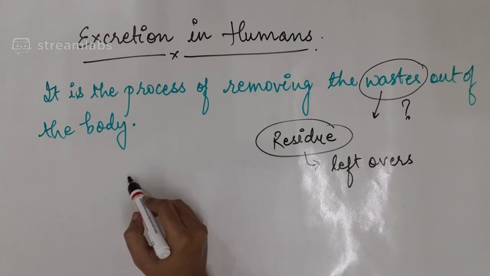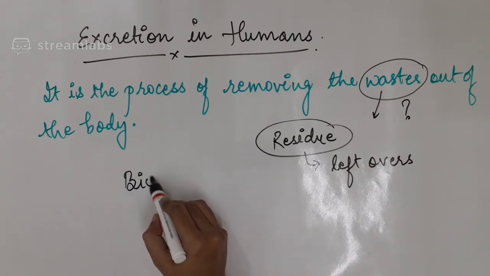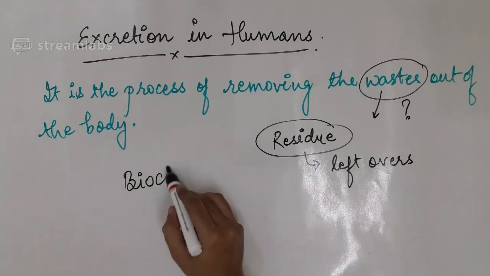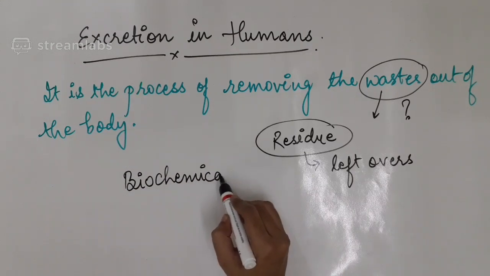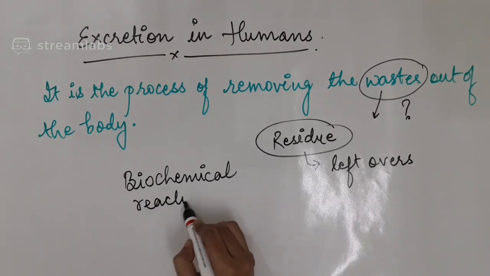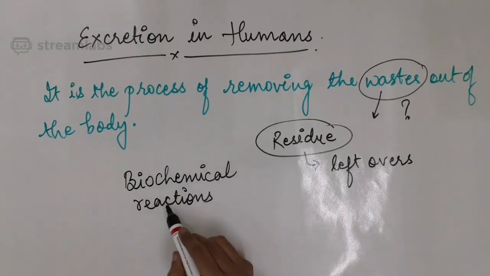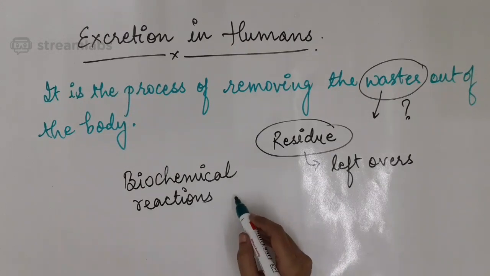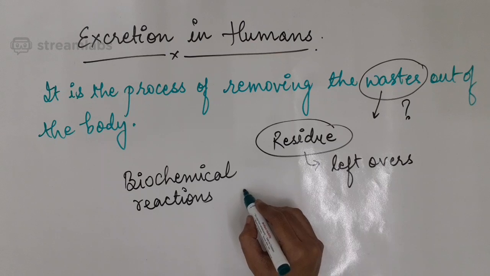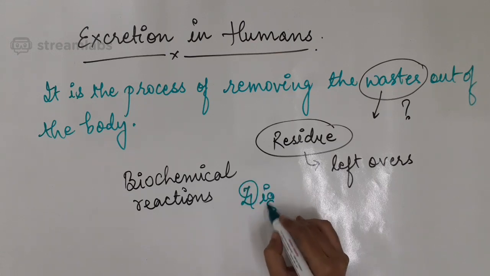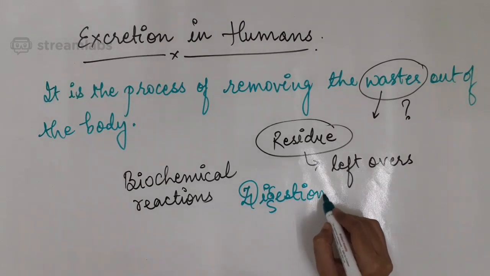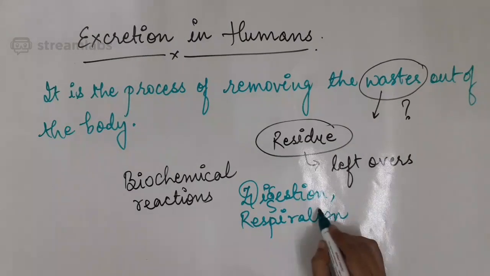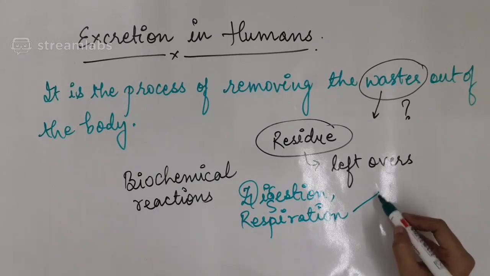In our body there are many chemical reactions. These chemical reactions are life supporting, that's why these are called biochemical reactions. The biochemical reactions occur inside the body for various life processes or life functions, for example, digestion, respiration. Respiration occurs in two steps.